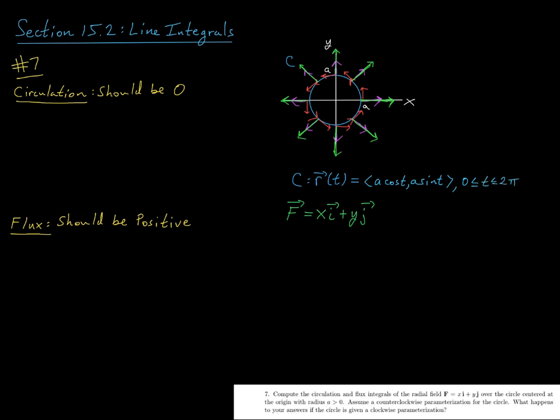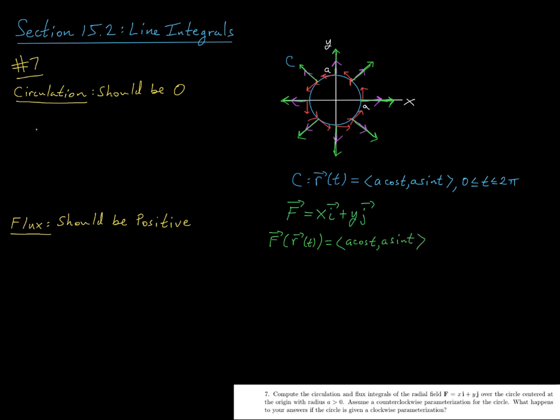And if our vector field F is xi plus yj, then to evaluate that field along our path, I'm going to set x to a cosine t and y to a sine t. So that gives us a cosine t, a sine t.